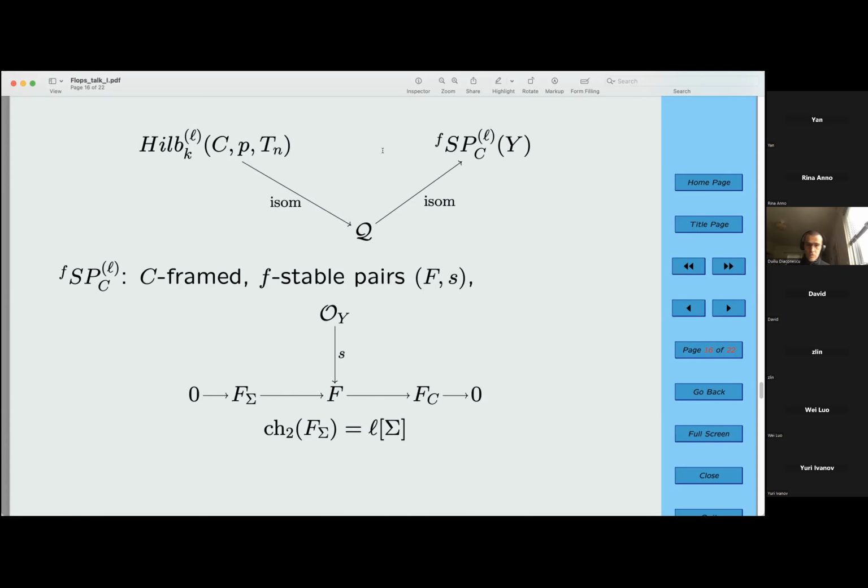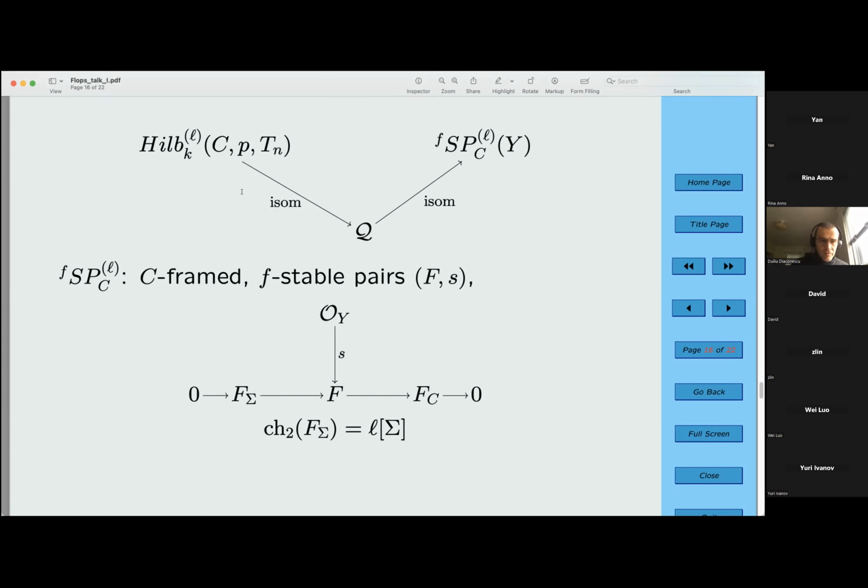You can construct an isomorphism, but the construction is not very direct. The construction goes through a third moduli space, which is a relative Hilbert scheme, a relative Quot scheme of some kind that I'm going to explain in a second.